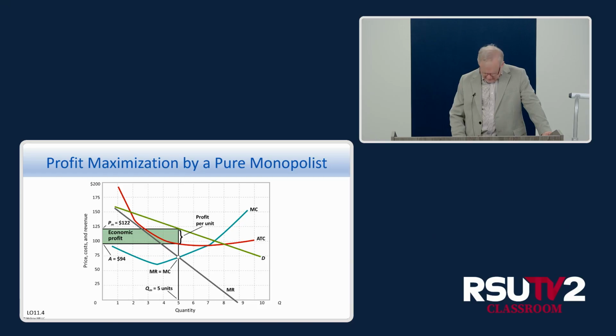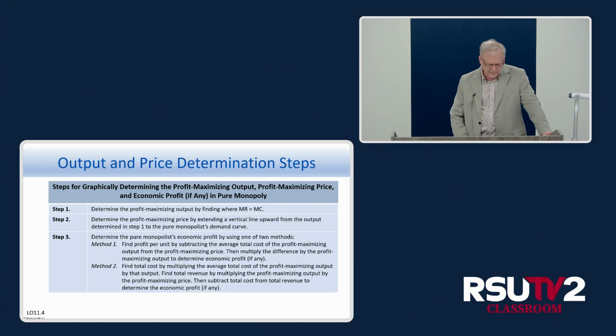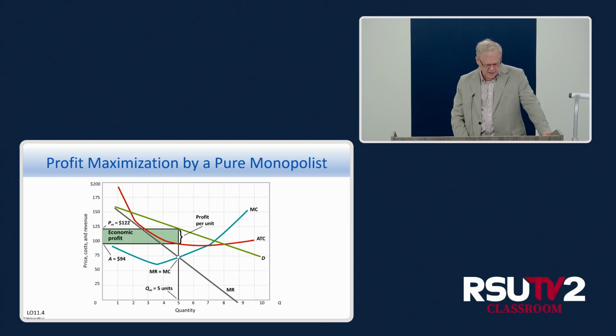Okay, so they give you this little, I think here, 3 steps that you want to go through to find the profit maximizing price and output for a monopolist. Step 1, determine the profit maximizing output by finding where marginal revenue equals marginal cost. So that's what we did here. And this looks to be at 5 units in the numbers they give you there in your book.